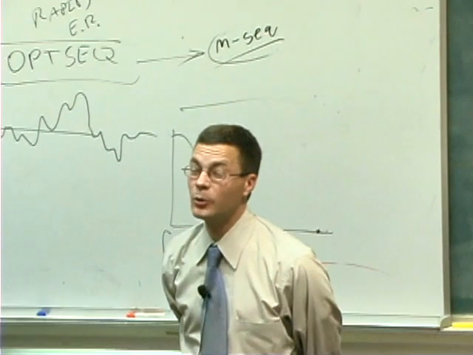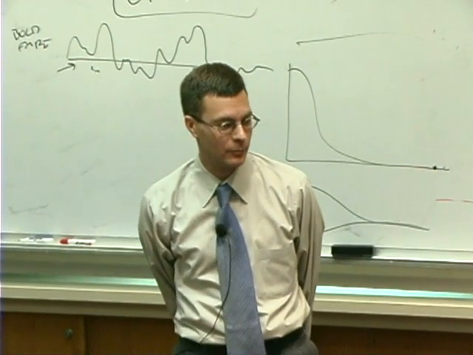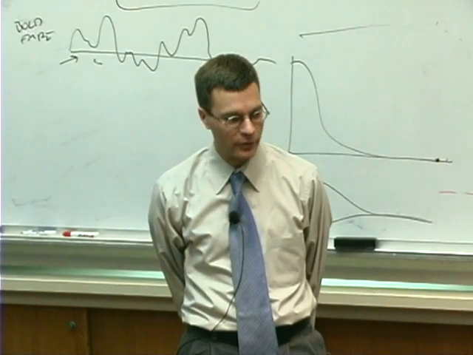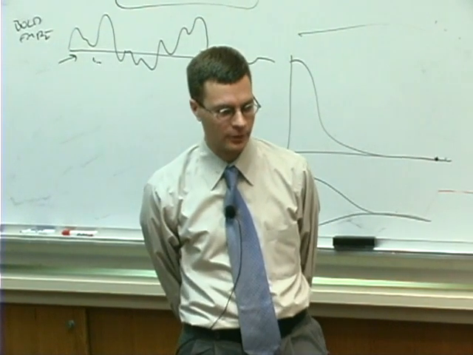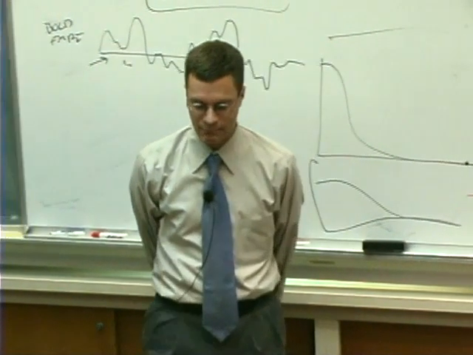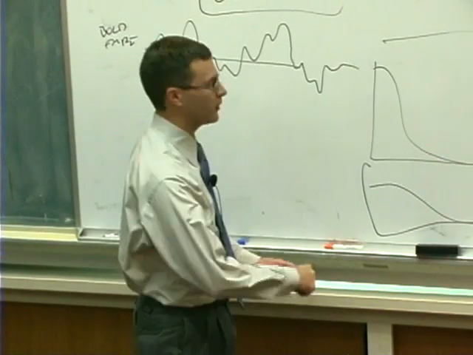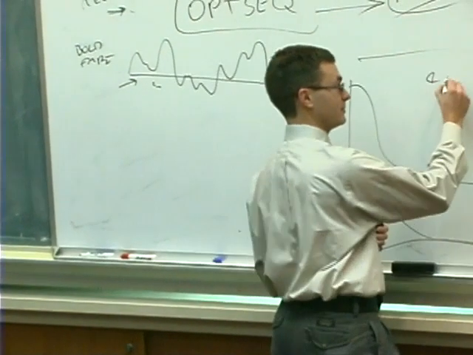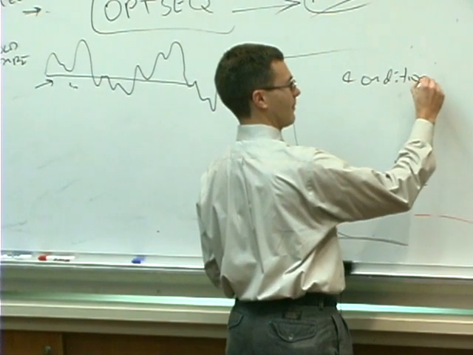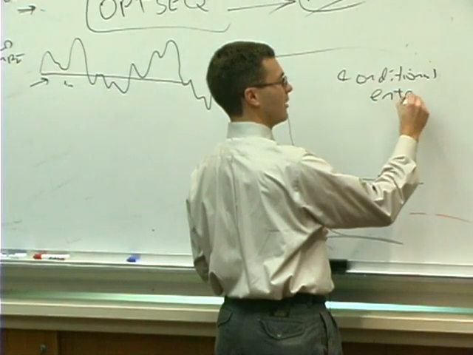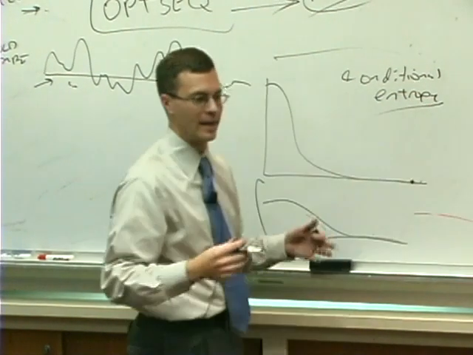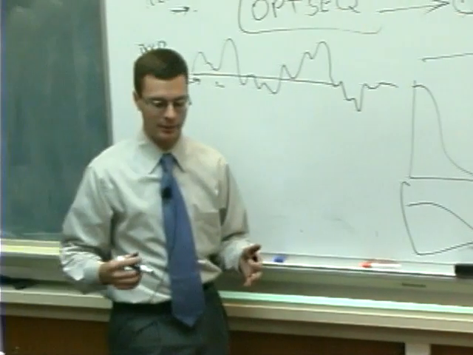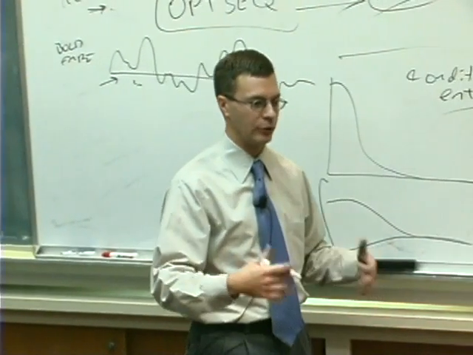Well, it depends what you mean by random, right? Honestly, random doesn't have a unitary definition. What I should have said instead of random is conditional entropy. Conditional entropy is one way of making operational a notion of randomness.